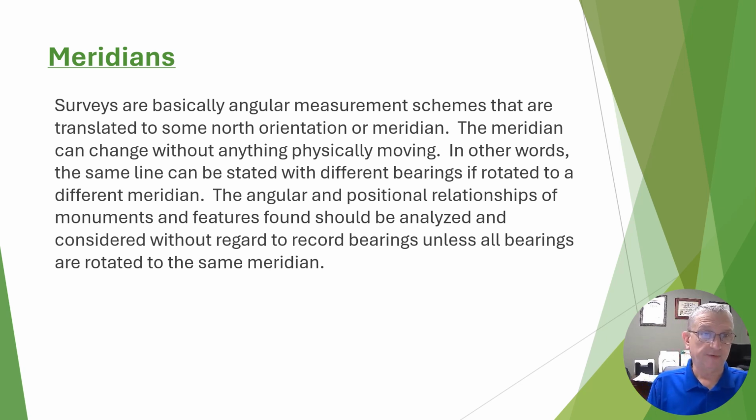In the process of our analysis, we have to think about meridians. North doesn't mean the same thing every time that you see it. North is what your coordinates are based on, what those due north lines in your imaginary grid on your coordinate plane are oriented to. Is it just north based on a compass?